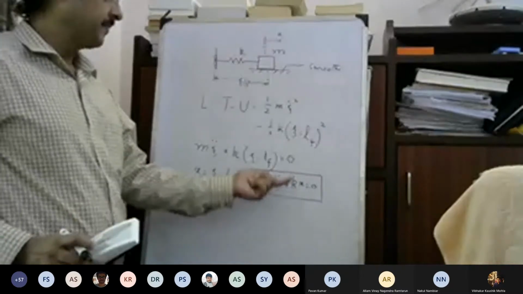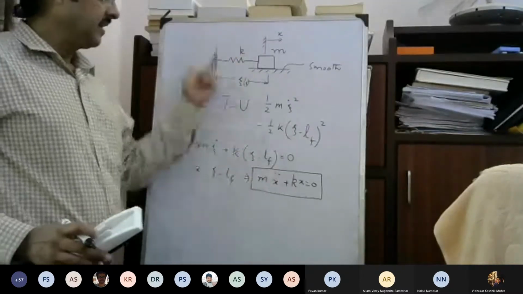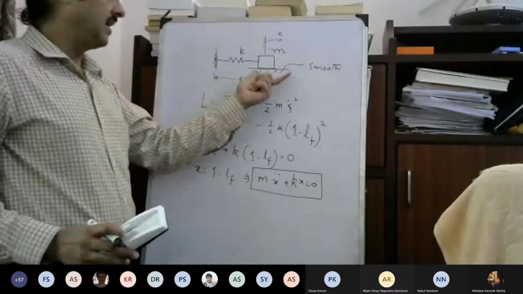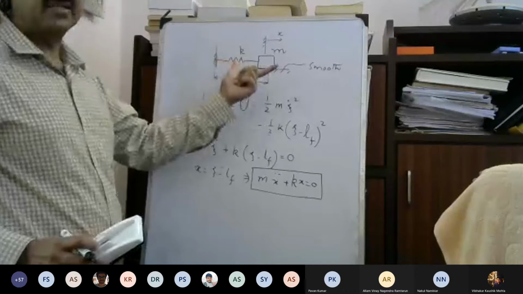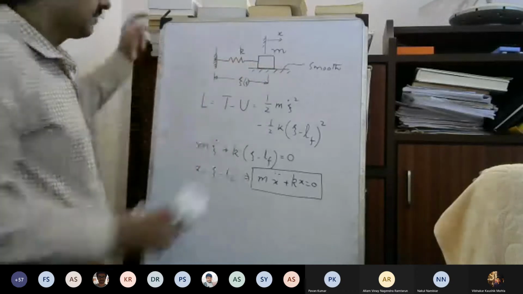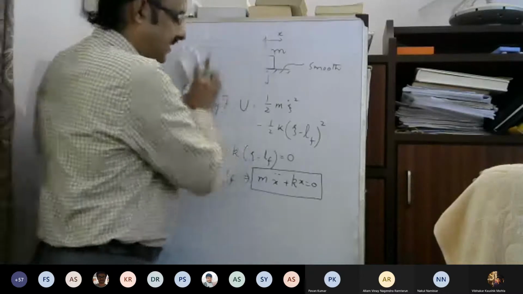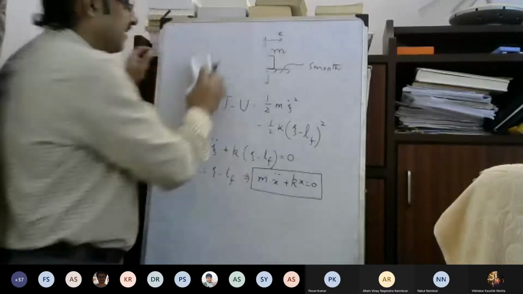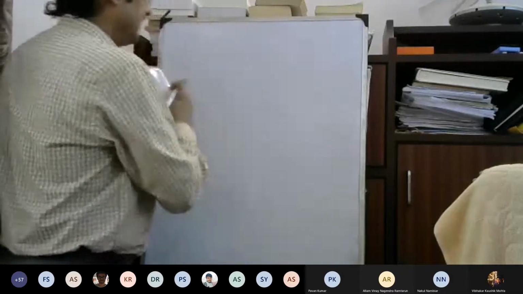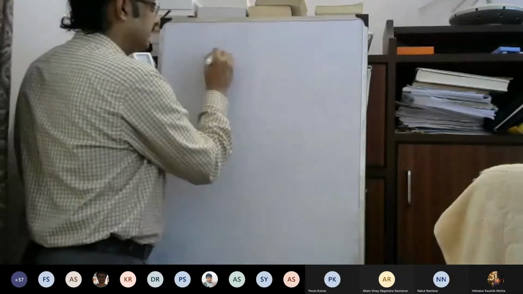With x, if you know LF, you can find the configuration of the system, that is the position of the mass with respect to time at any instant. So this is the equation of motion. Is this clear? This is a very simple system, so I'm not going to spend much time on it, but let me go to another example.